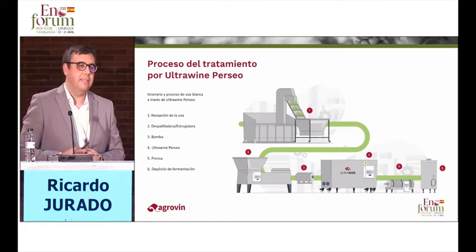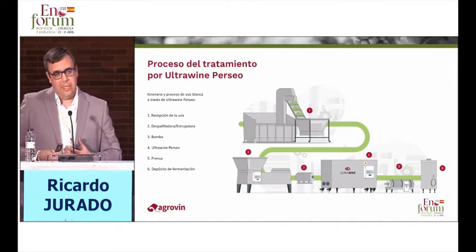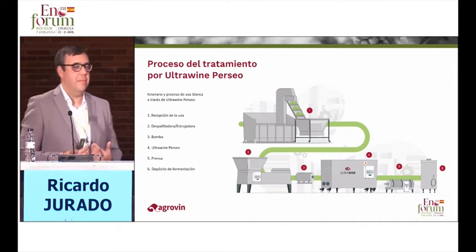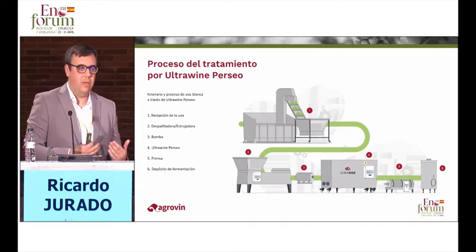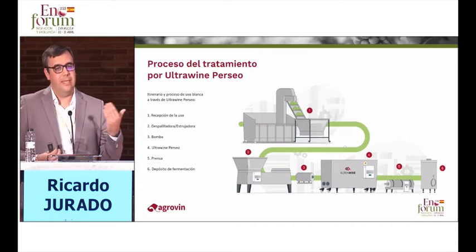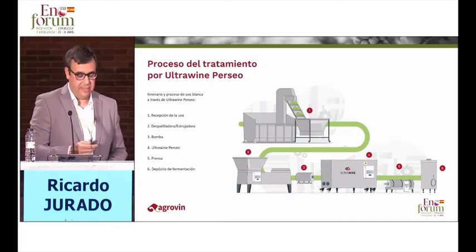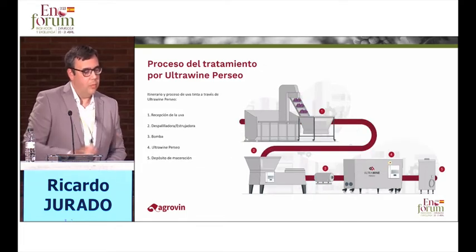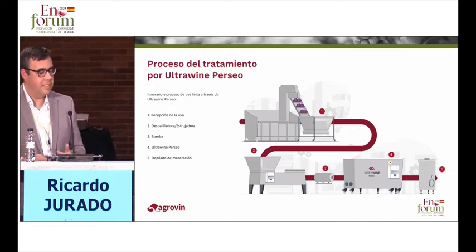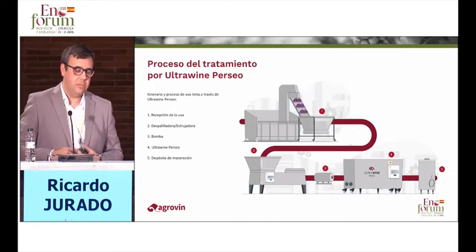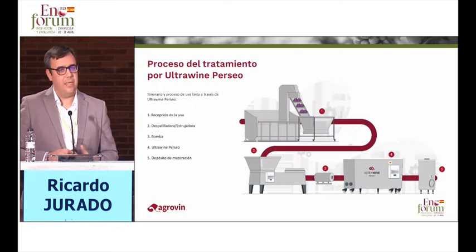The press, number 5, presses those grapes, and then we ferment them in the fermentation tank, number 6. So we extract the compounds from the skins, the aroma compounds. With Perseus, we can skip this step in the case of white wine.